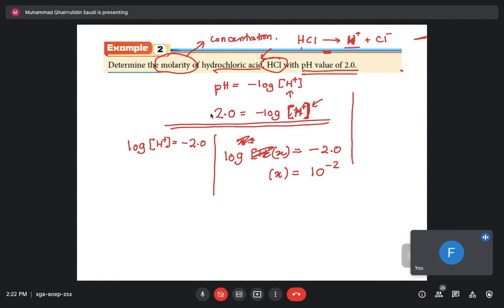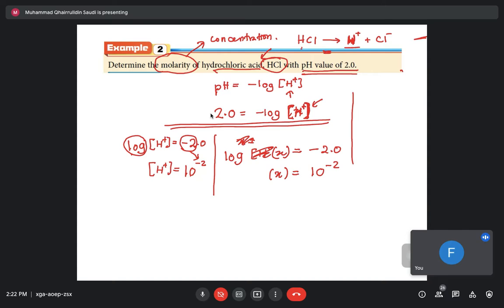Okay, so sekarang ni untuk kita hilangkan log, kita tak boleh letak log kat belah sana. So untuk dapat H+, bila kita bawa log ni pergi sana, dia akan jadi kuasa. So dia akan jadi 10 kuasa negatif 2. Log ni tukar jadi 10.